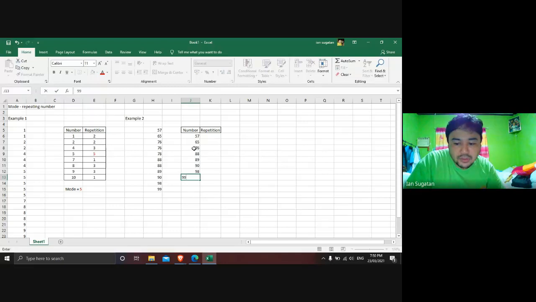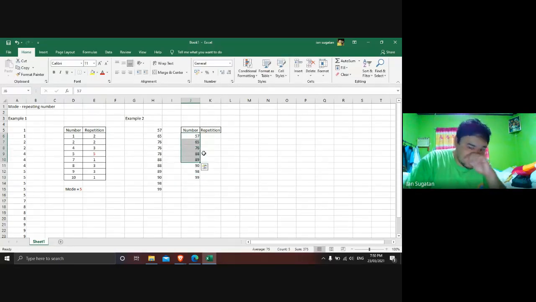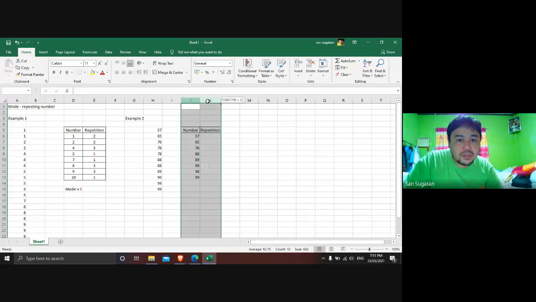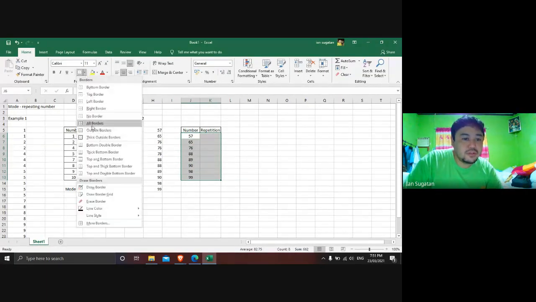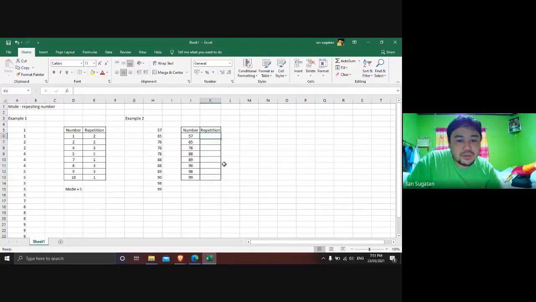So make sure to get the value of the numbers first and count the repetition. The second thing that you're going to do is to count the repetition. So how many repetitions of 57? There is only one.